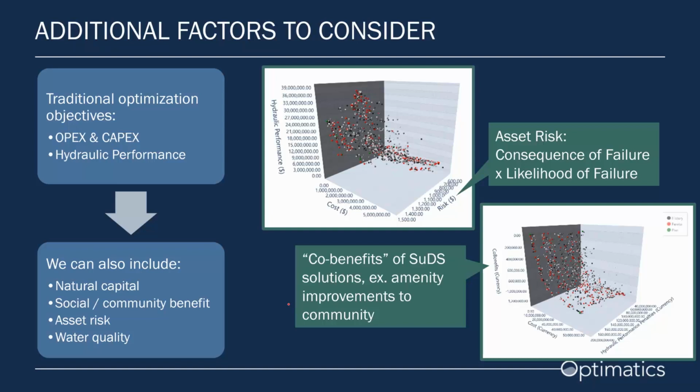So anything that we can quantify along with our interventions, we can include in our optimization. And obviously the great thing about that is, rather than having to consider it as an afterthought, maybe with a short list of options, we can have that as part of the optimization process along with cost and performance, so we can be making our decision and choosing our strategies really with a consideration to all of our objectives.